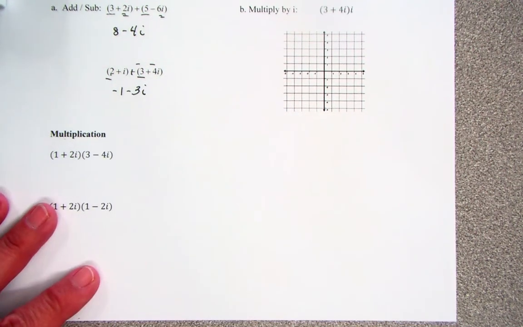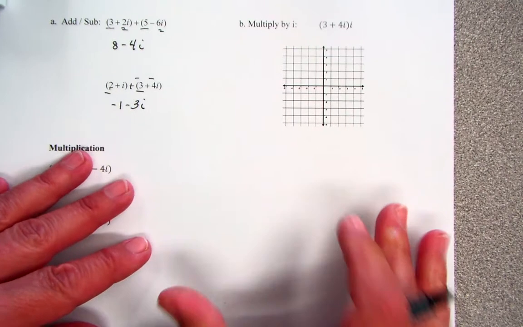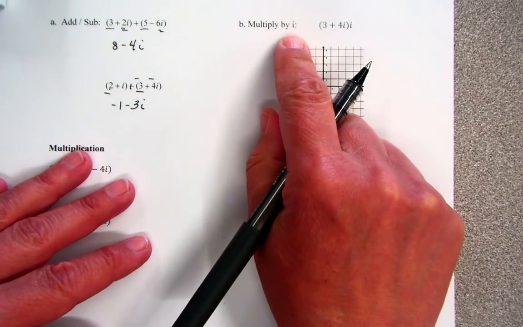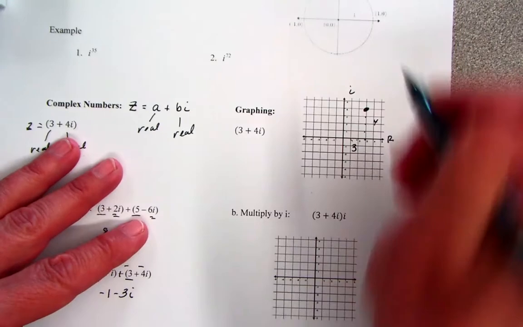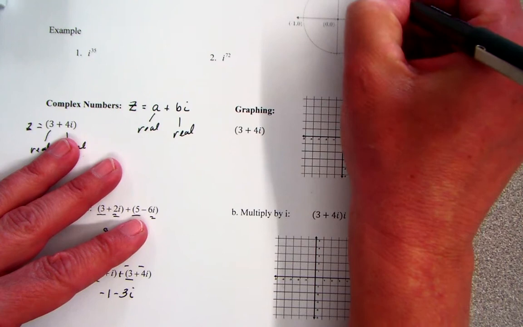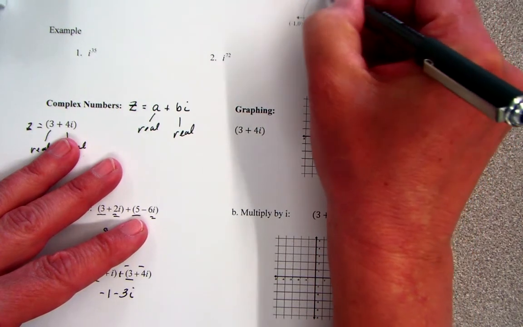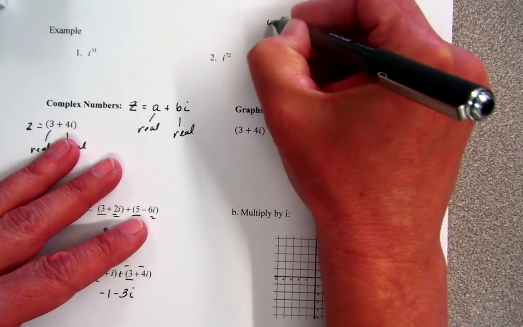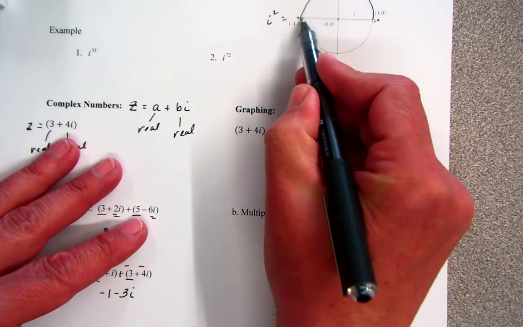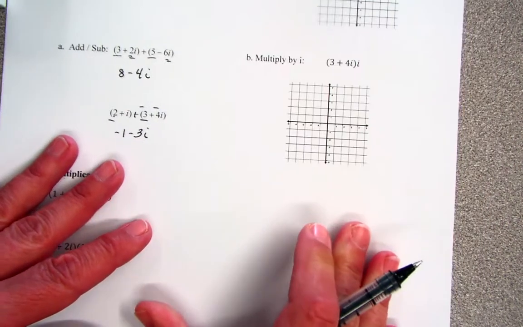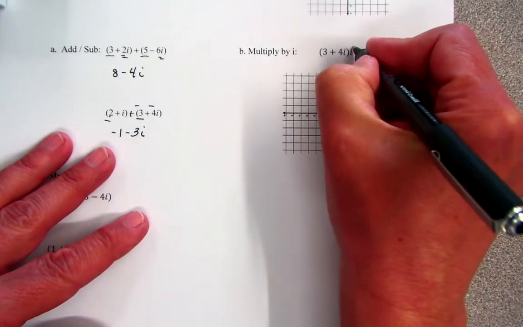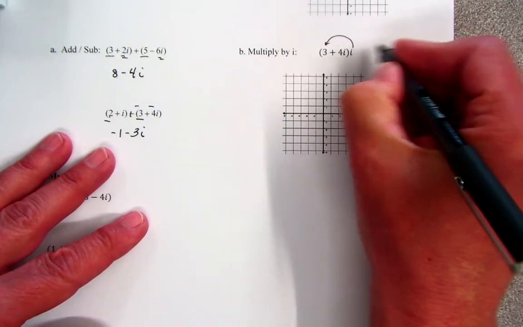I can also multiply. So if I multiply by i, if I recall when I was multiplying by i up here, 1 times i got me to i. And then i times another i got me i squared, which was just that reflection of 1 to a negative 1. I can do the same thing here. So if I multiply 3 by i, I get 3i.